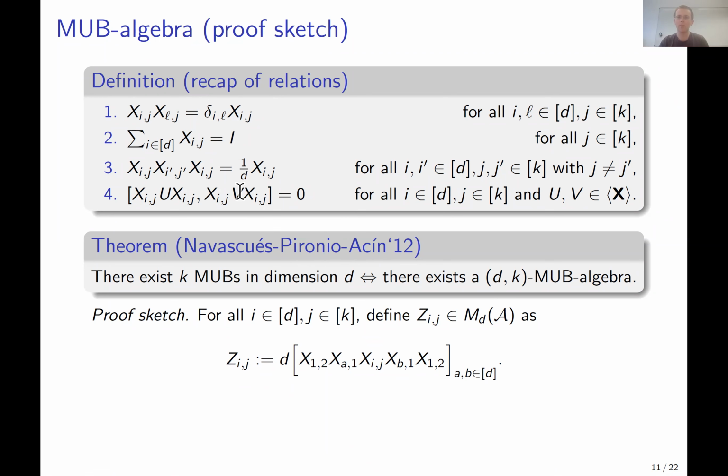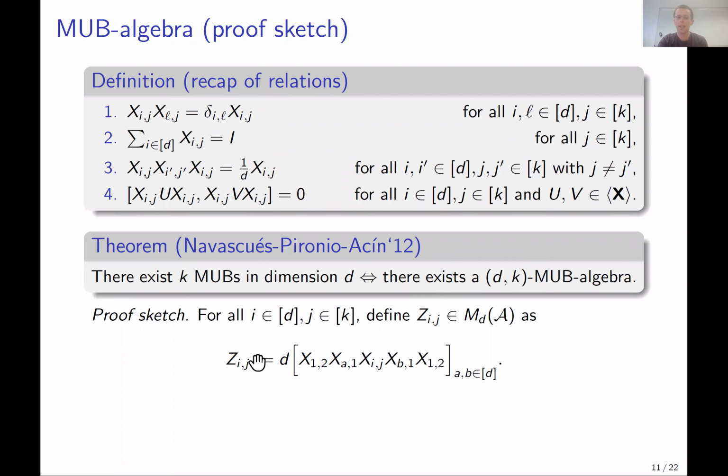That's something you just have to trust me on for the moment. So they start with these xij's, and then they construct zij's, which are D by D matrices, except that their entries are from the C-star algebra A. So they're not yet really D by D matrices with complex entries.